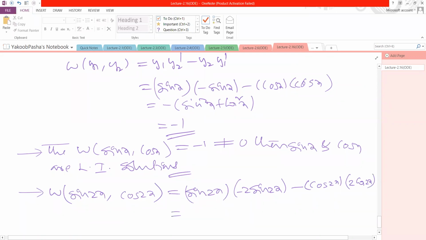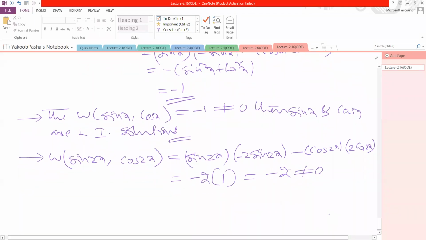This is equal to minus 2 sin square 2x, you can take minus 2 common, sin square 2x plus cos square 2x. This is equal to minus 2. Minus 2 is not equal to 0. So the Wronskian is not equal to 0, therefore sin 2x, cos 2x are linearly independent solutions.